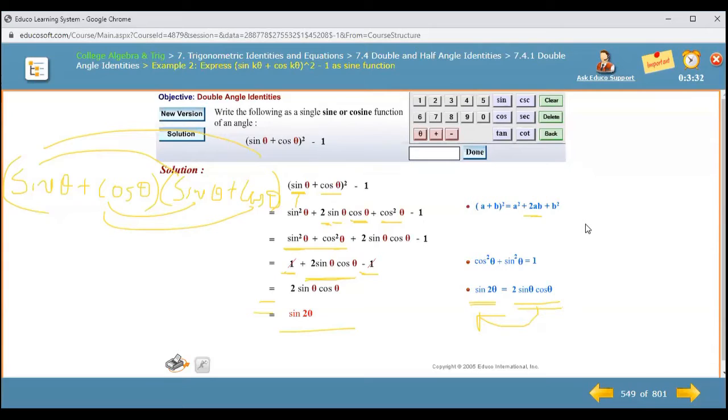Looking at these things, first I have to identify, can I cancel anything? These two combine together to give me 1. Then we have a positive 1, we have a negative 1. They cancel out, and we are left with 2 sine theta cosine theta, and 2 sine theta cosine theta is what? It is sine 2 theta according to the double angle identity.